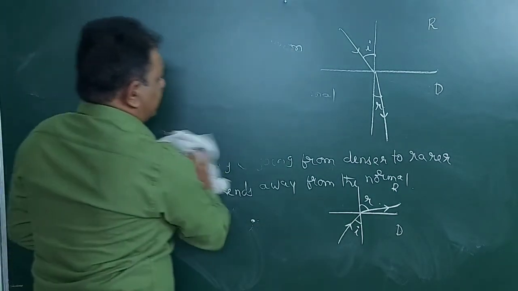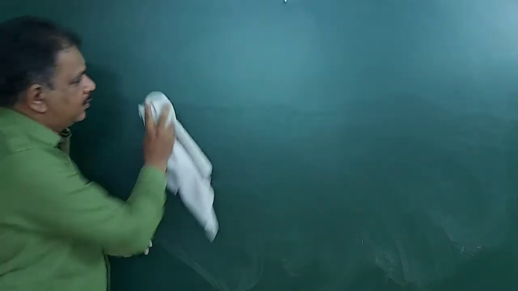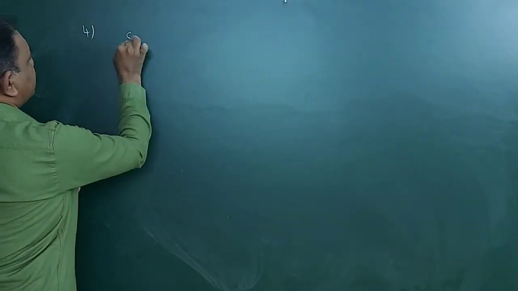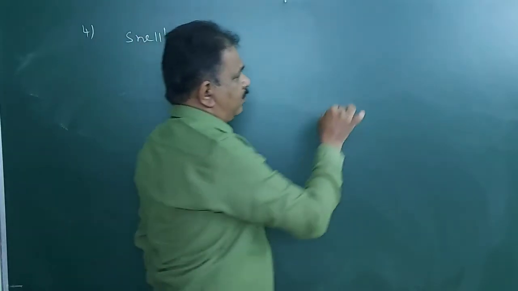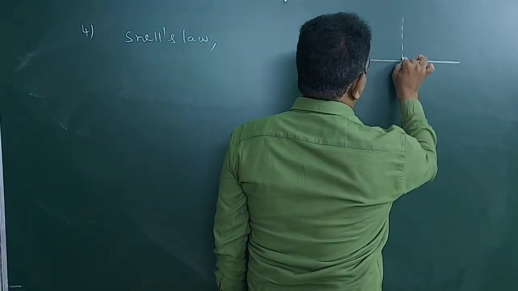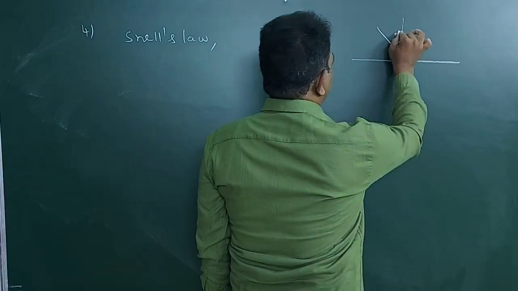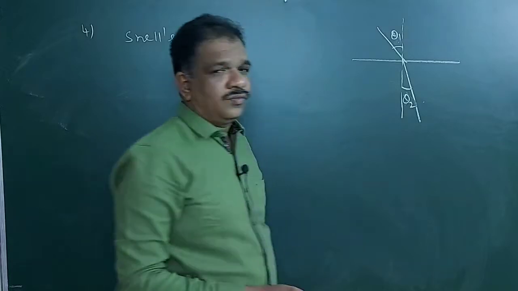Next, here relative refractive index will come. Snell's law will come first. We will discuss what the formulas are on that. Snell's law. When a light ray is going from one medium to another medium, this is I, this is R. This is theta 1, this is theta 2.